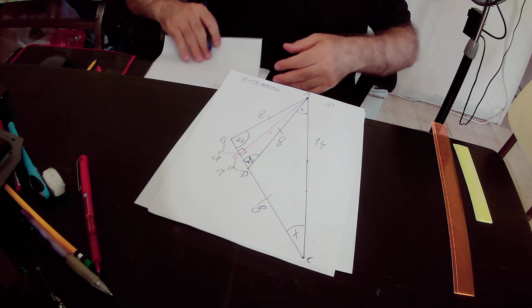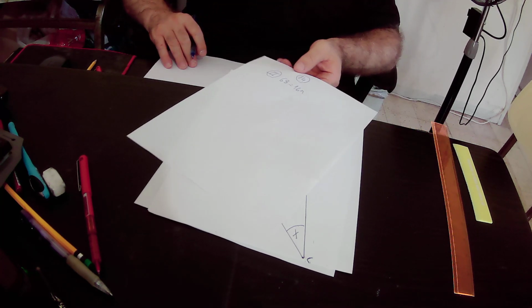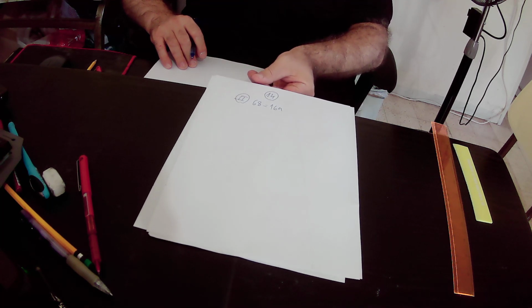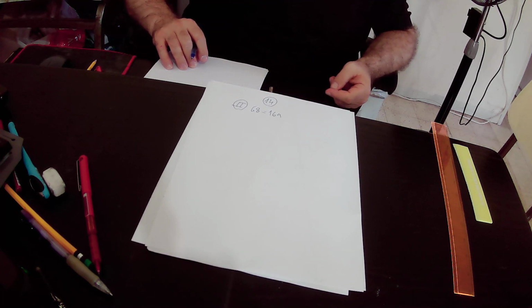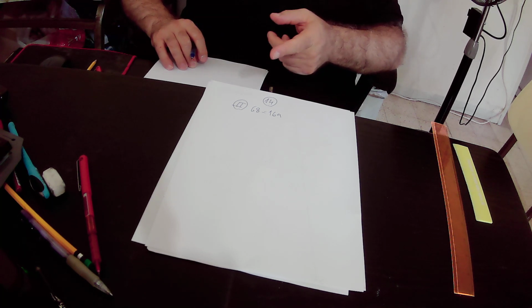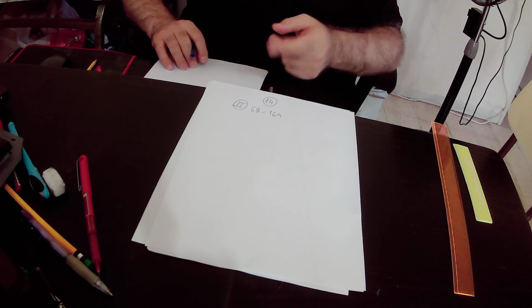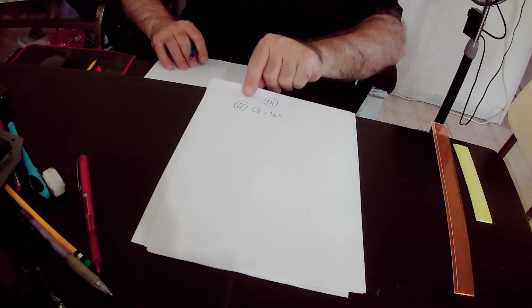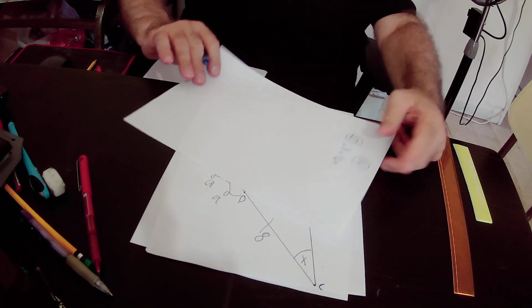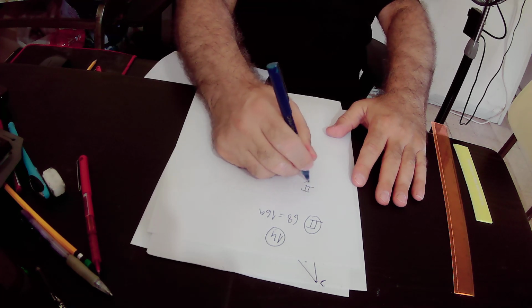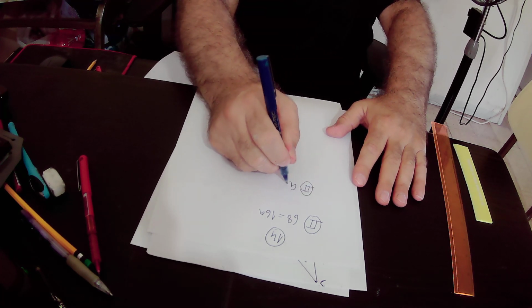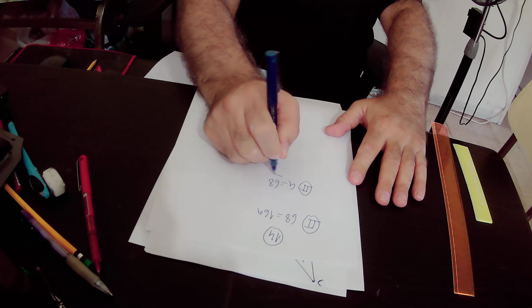So according to equation number 2, 16a equals 68. Here we divide by 16 in order to get the value of a. So a will be equal to 68 over 16.